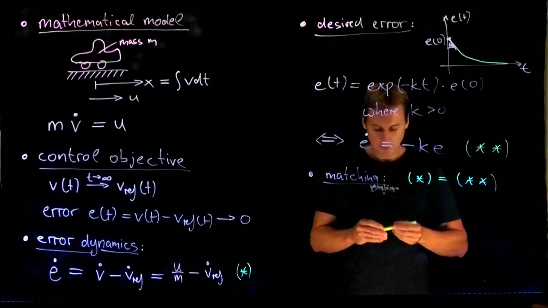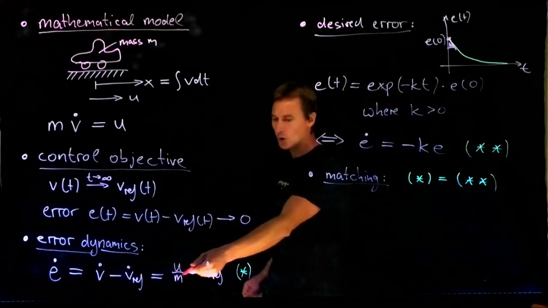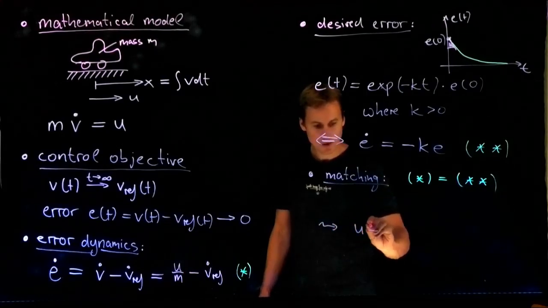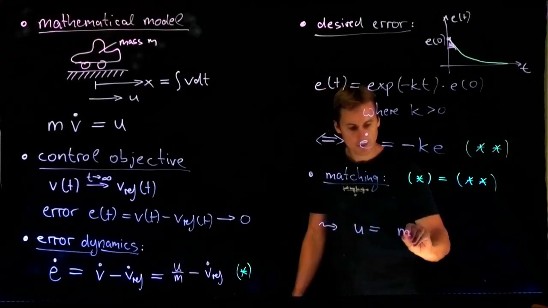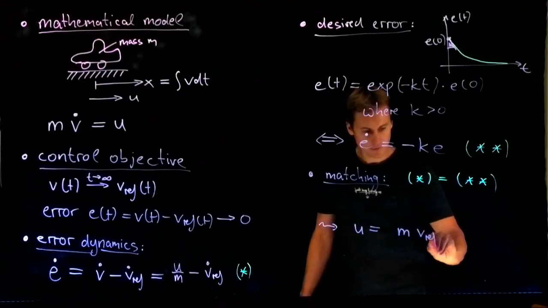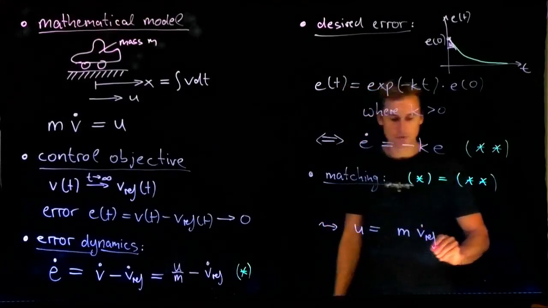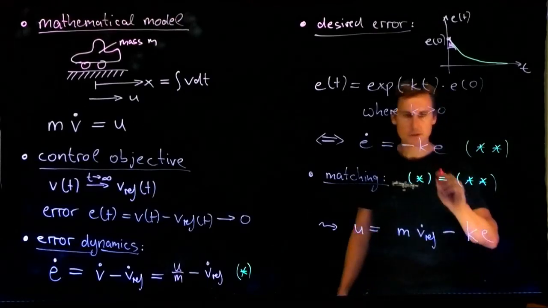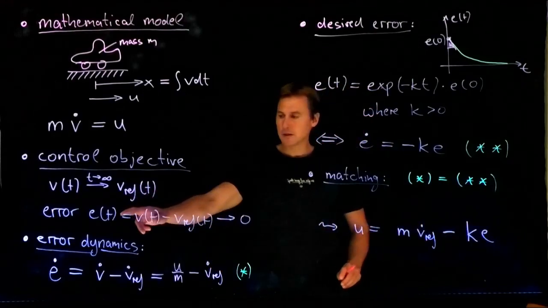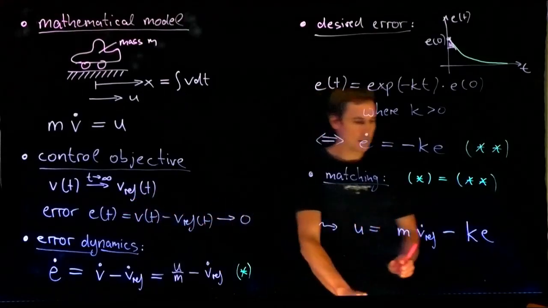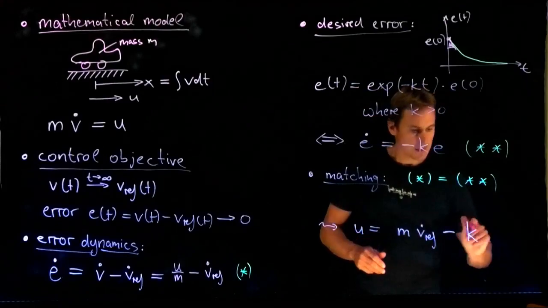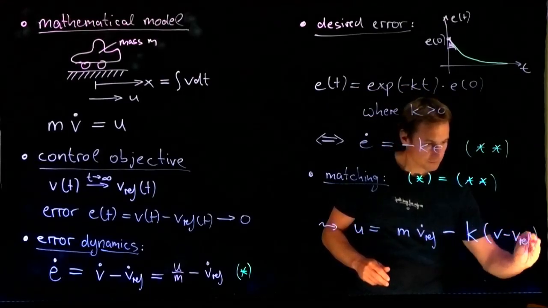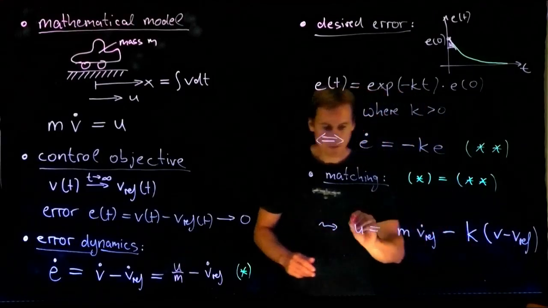That is, minus k e should equal u over m minus v ref dot, or equivalently, what you get is that your u should be m times v ref dot, so mass times the change of the reference velocity, minus m k e, which is this term. And as you know, e of t is v of t minus v ref of t. So let me immediately replace this as v minus v ref. Okay, and now we're done.